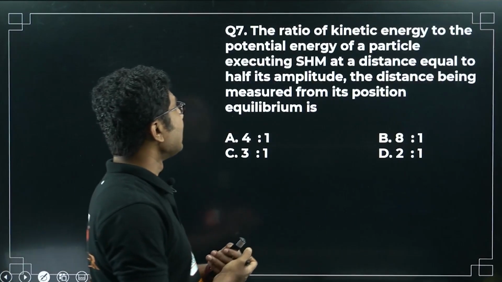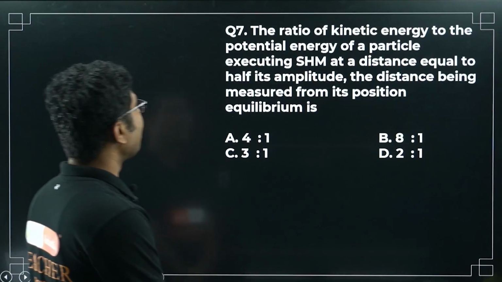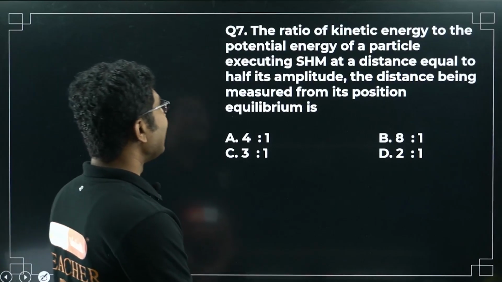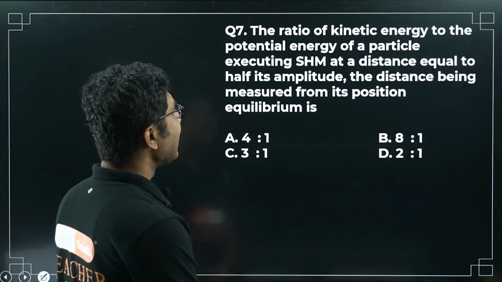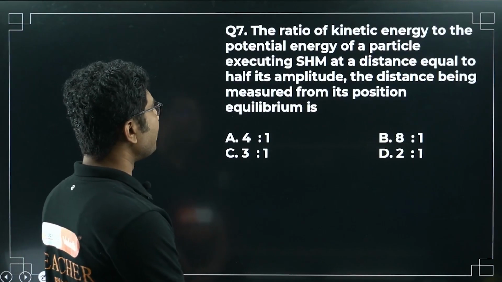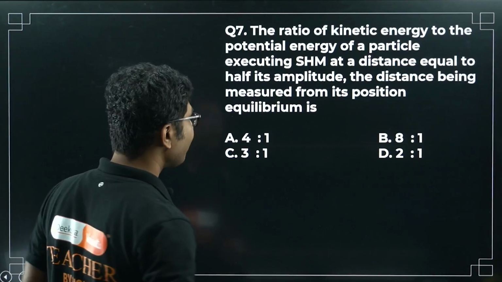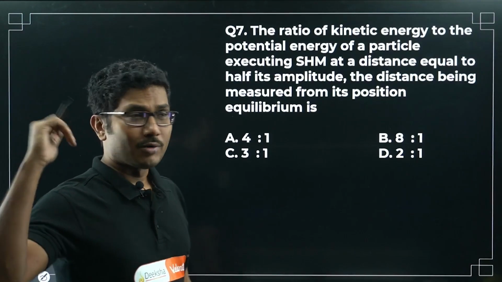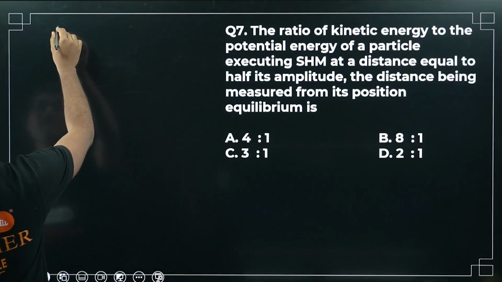Question number 7. The ratio of kinetic energy to the potential energy of a particle executing SHM at a distance equal to half its amplitude, the distance being measured from its position of equilibrium, is? First of all, let us understand the formula for kinetic energy.